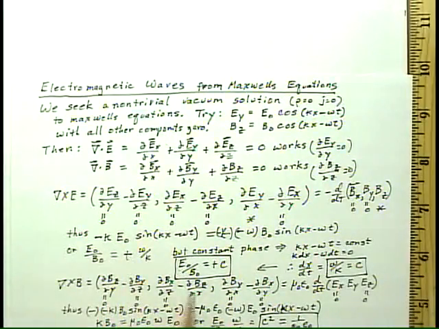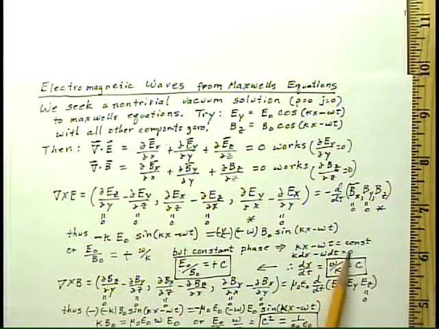In this equation, E0 over B0 is going to be equal to, now we have to pause for a moment and look at what the ratio of omega and k is. If we're following a wave with a constant phase, then kx minus omega t on that wave is going to be a constant. So we can take the differential of that expression and we get k dx minus omega dt is equal to 0.